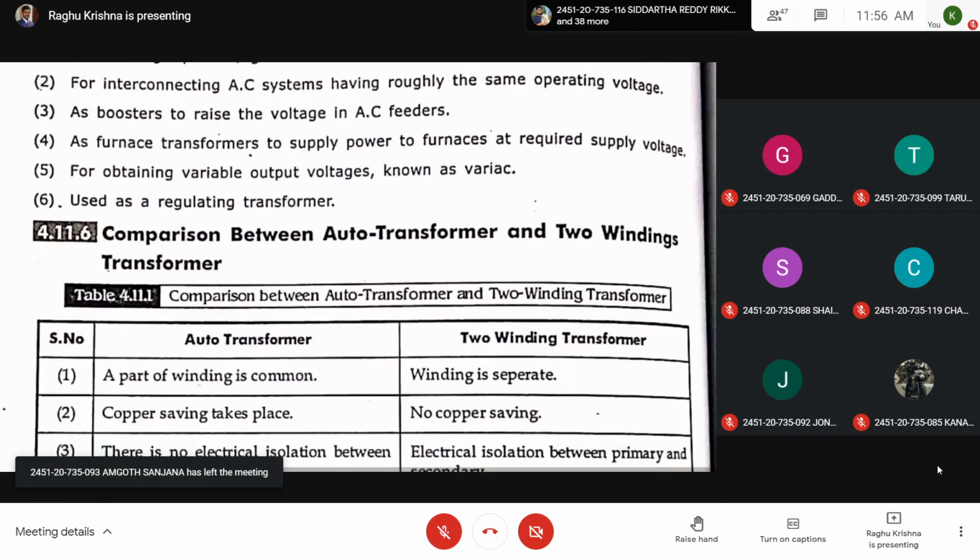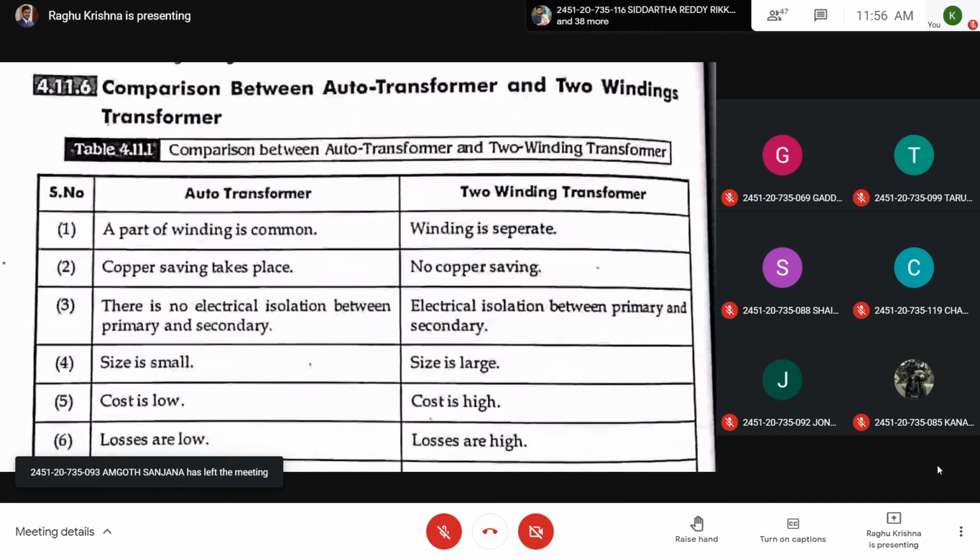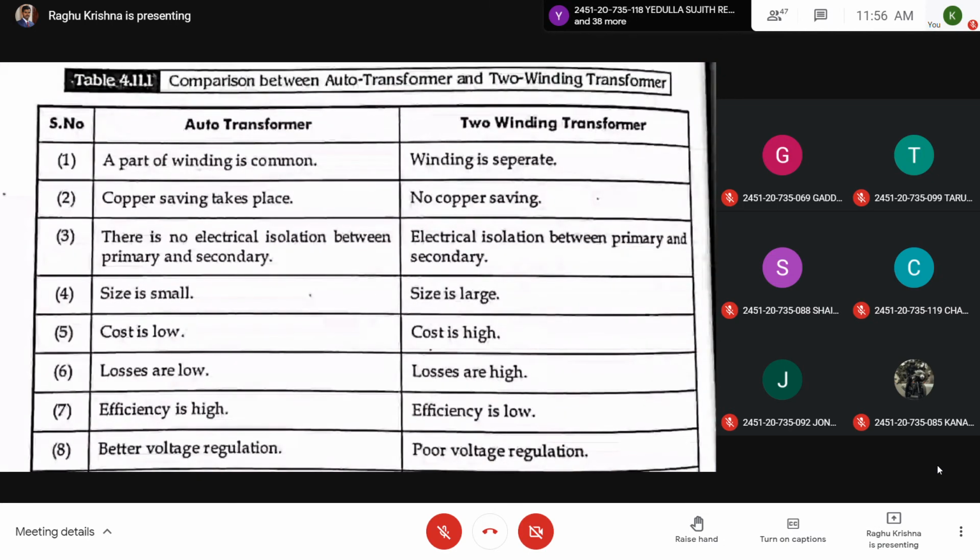So now let us see the difference between auto transformer and two winding transformer. In an auto transformer, a part of the winding is common. In a two winding transformer, the winding is separate. There is no electrical connection. But in an auto transformer, you have an electrical connection as a part of the winding is common to both primary and secondary.